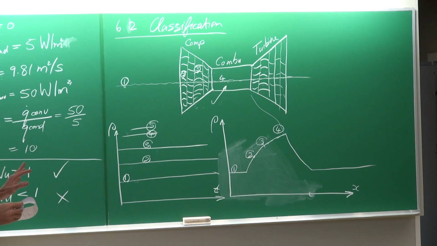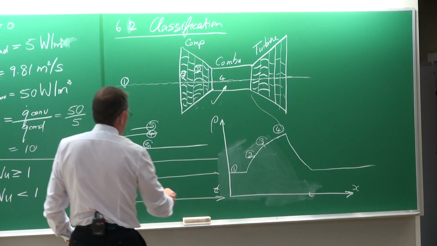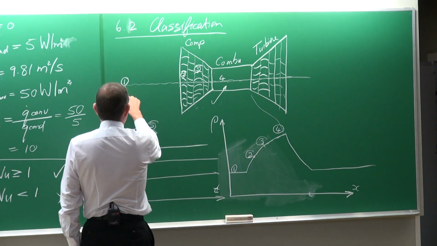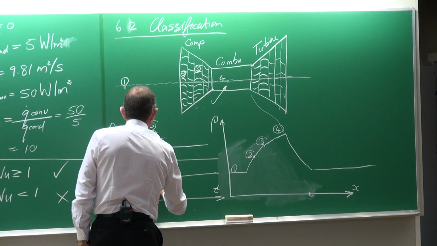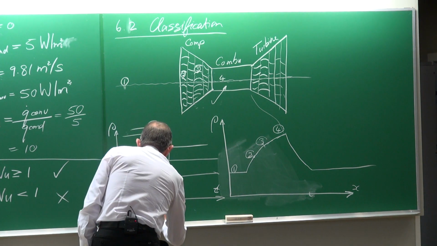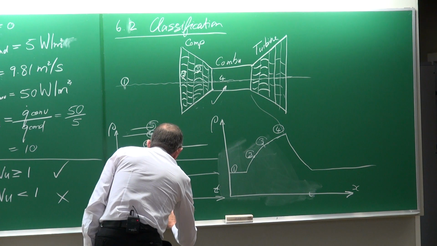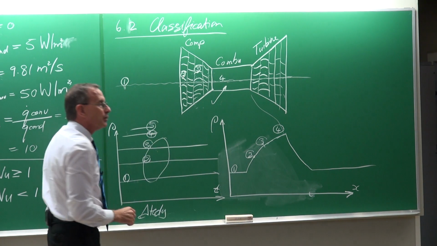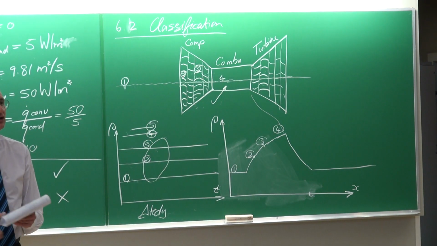Now this graph tells us a few important things. The one is, if we stay at this position, then all this flow is going to be steady. Why? Because it doesn't change as a function of time.